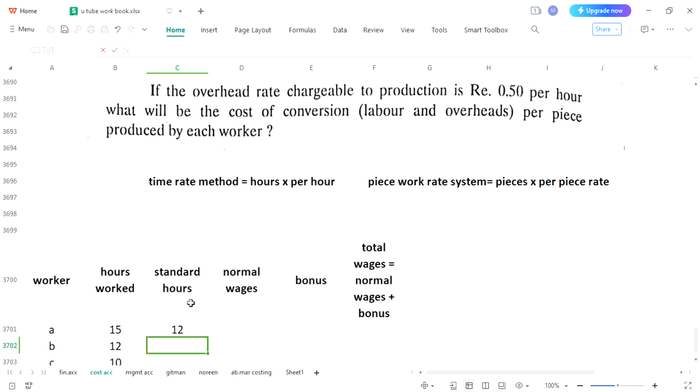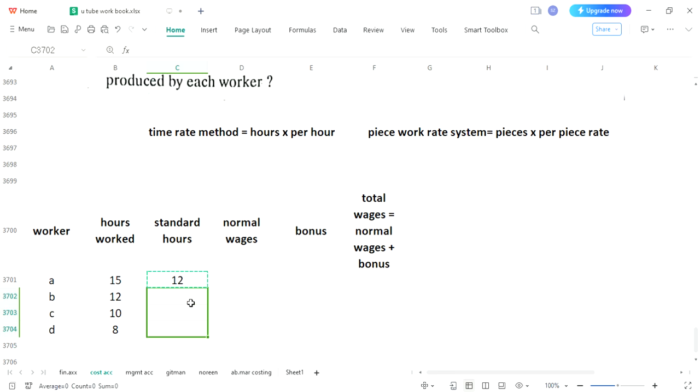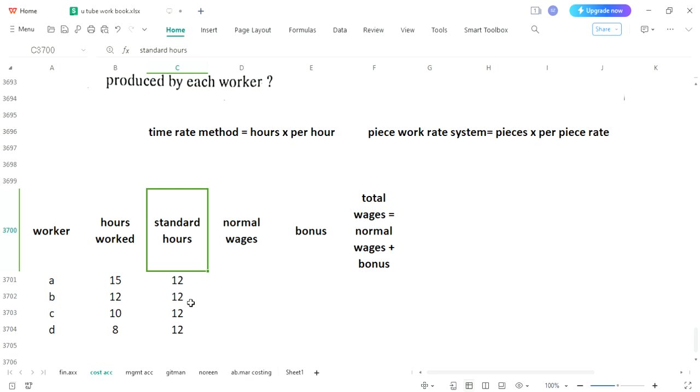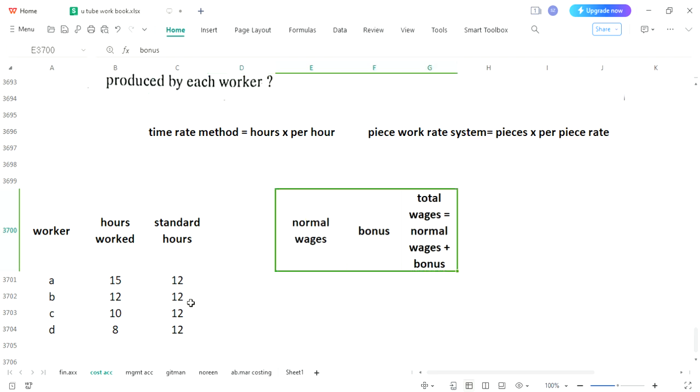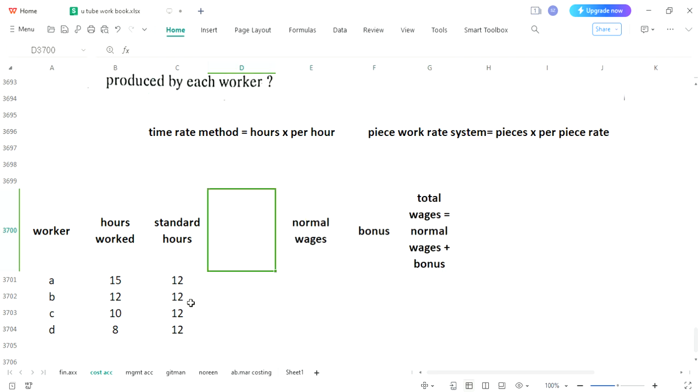That means for every one the standard would be similar. And here you will write 12 in front of all the workers. So now we will see who worked within standard, who worked less than standard and who worked more than standard.